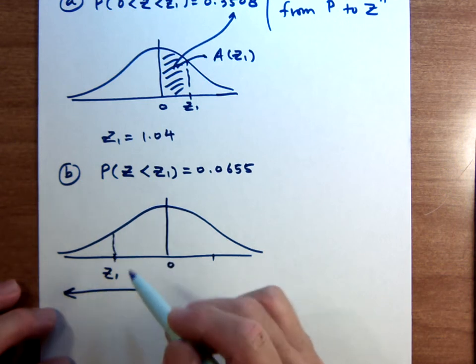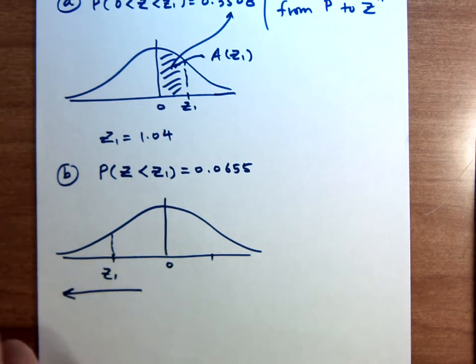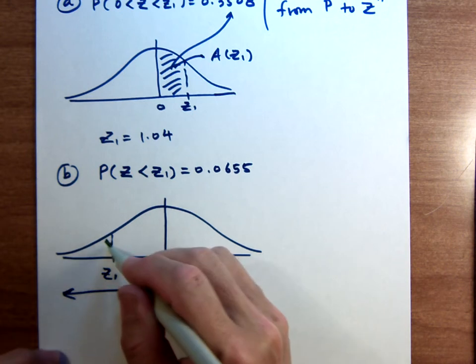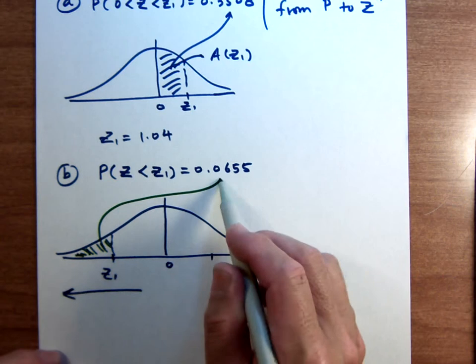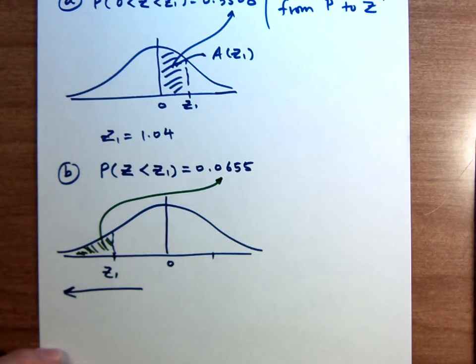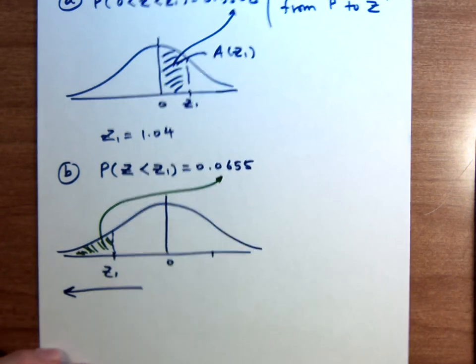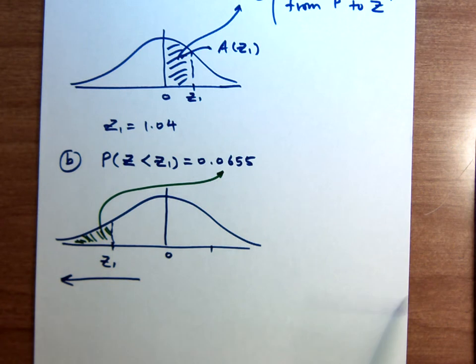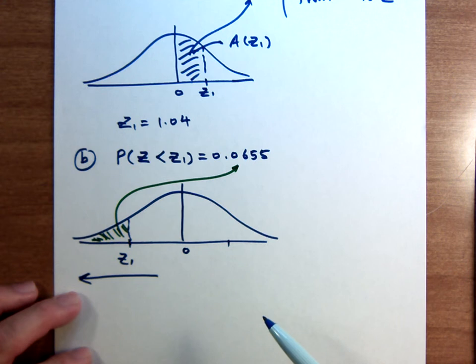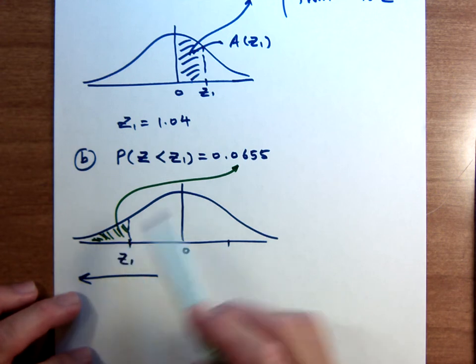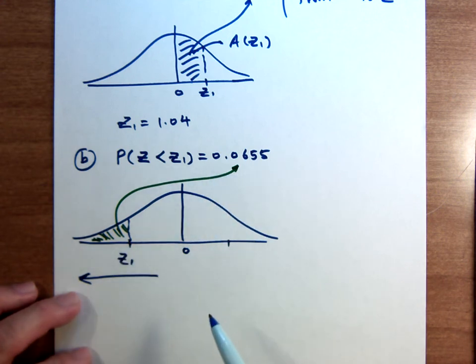The reason being, the area that we are given is this. They're asking which z1 corresponds to this little tail. Again, I exaggerated so that you can see that more readily. I hope you can see that this green shaded area is this given p number.